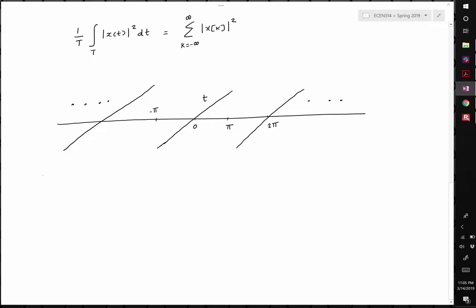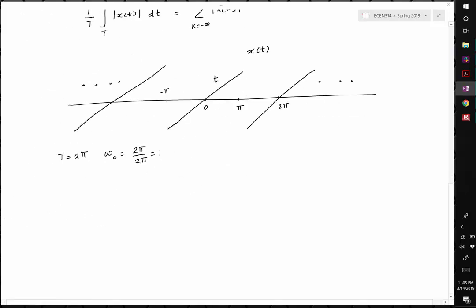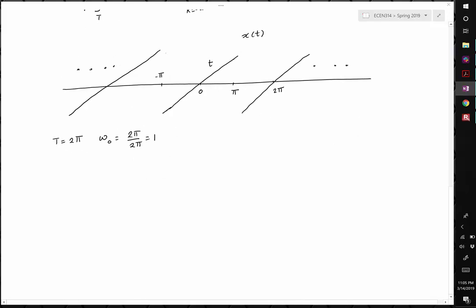So let's call this signal x of t. And you will see that x of t is periodic with a fundamental time period of 2 pi, which also means that its fundamental frequency is 2 pi over 2 pi, which is 1. So what we're going to do is to compute the Fourier series coefficients of this signal and see if we can use Parseval's identity to then get the result that we want.